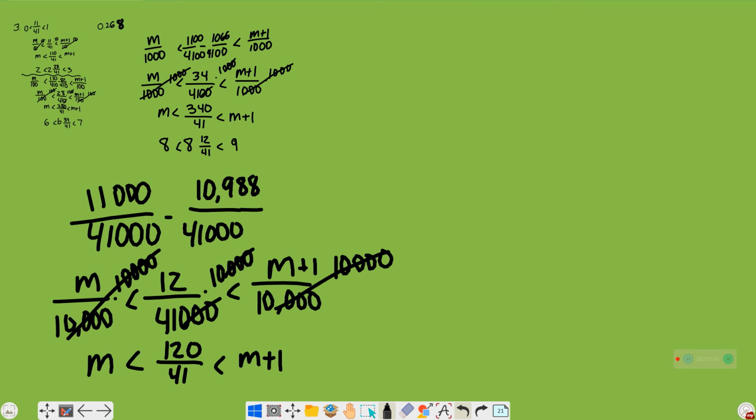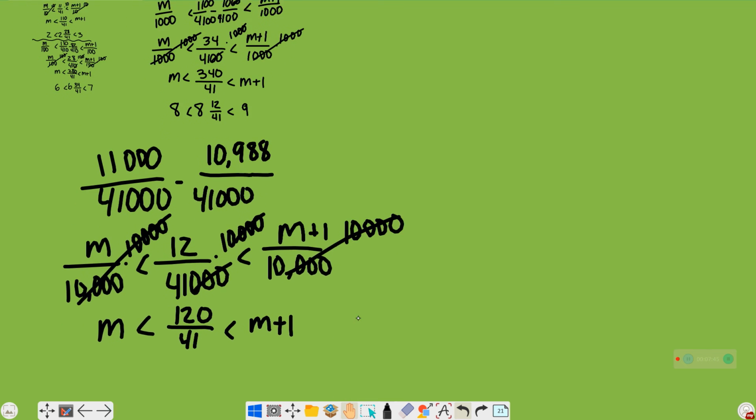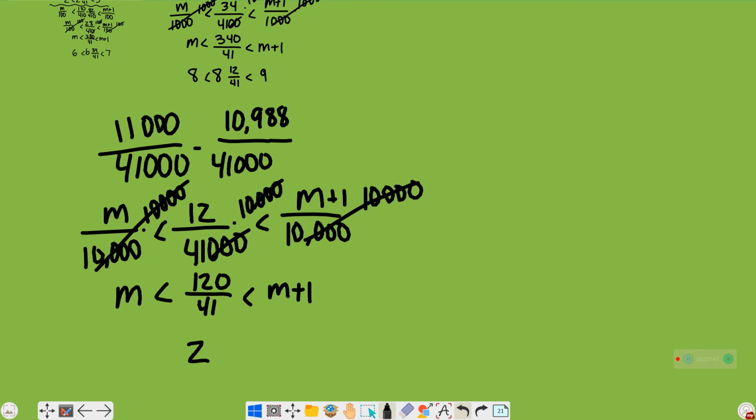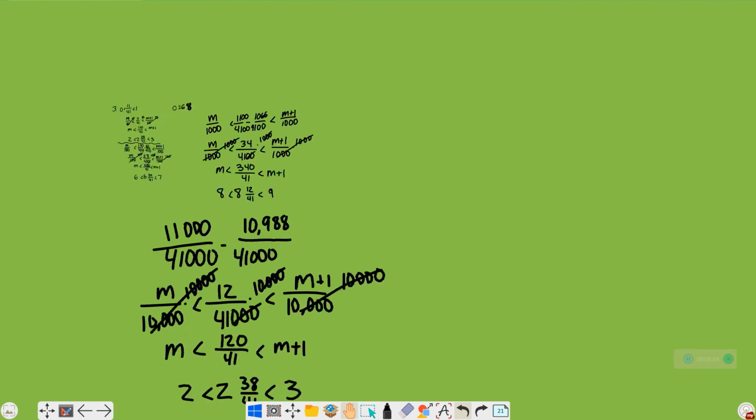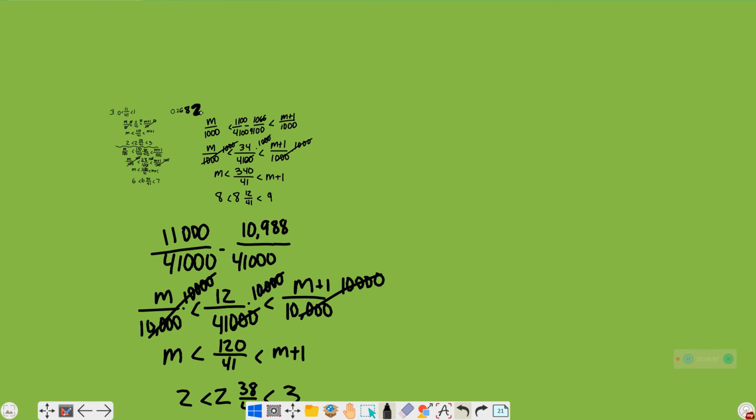And 120 over 41 comes out to 2, and we have 120 minus 82, which leaves us with 38 out of 41. So this is smaller than 3 and bigger than 2, which means our next place value is going to be a 2. So we're at 0.2682, and we have one more decimal left to find.